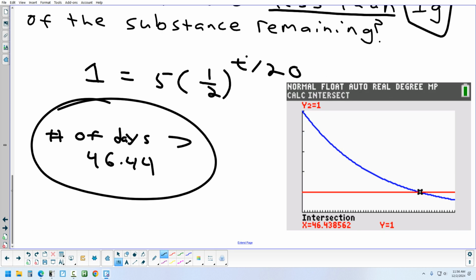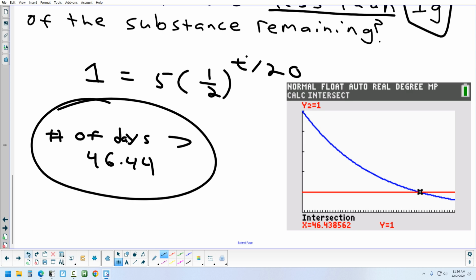But if you're less than 46 days, you're going to be up in this section. That's not the section they want. They want to be under the red line, which is past 46 days. Any questions on that?